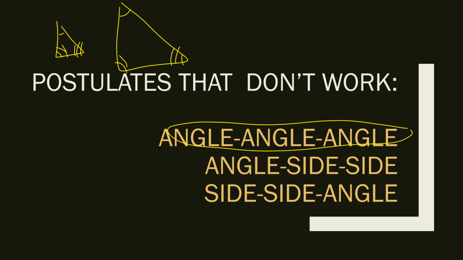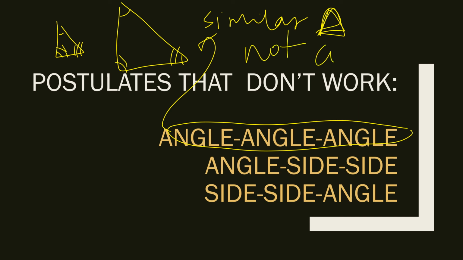So this produces similar triangles, not congruent. And we only care about congruent triangles because that's what we're learning about right now.